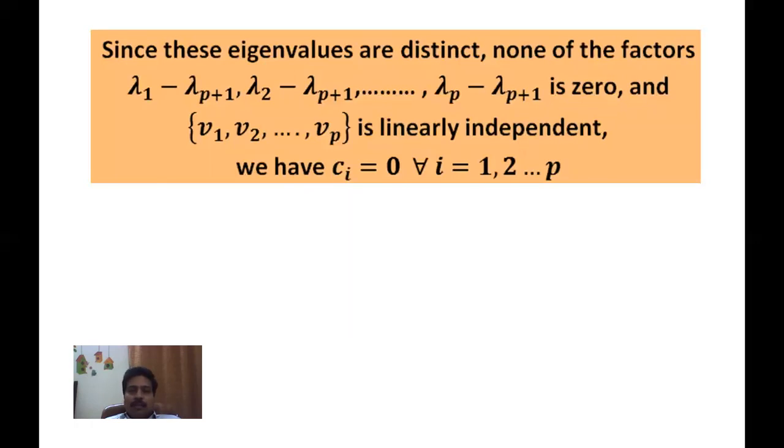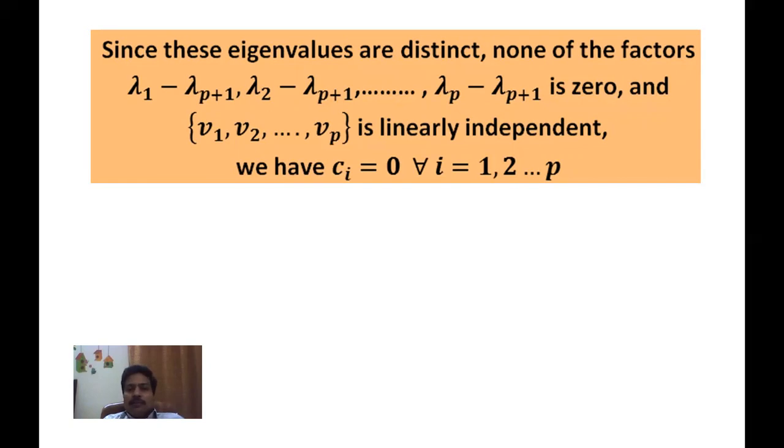All are non-zeros. And we have already seen that the set v1, v2 and so on up to vp, the first p vectors before v(p+1), is linearly independent.